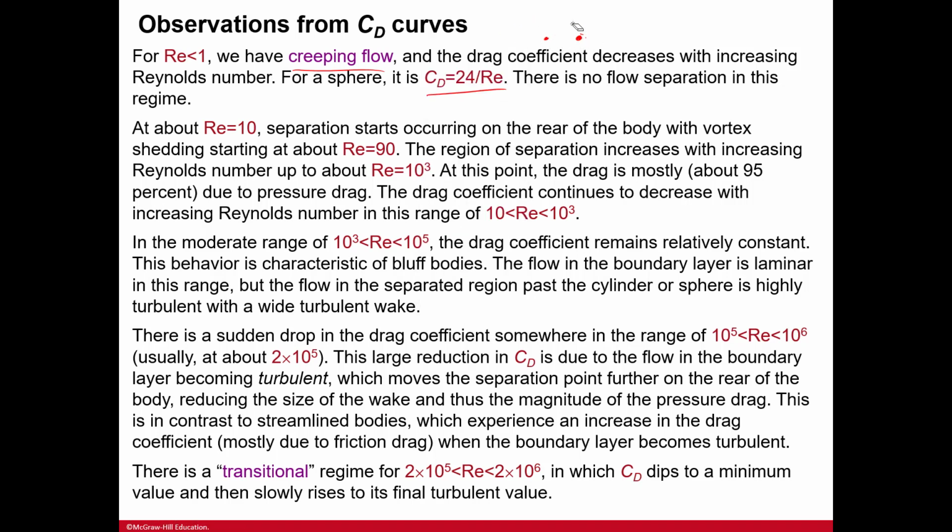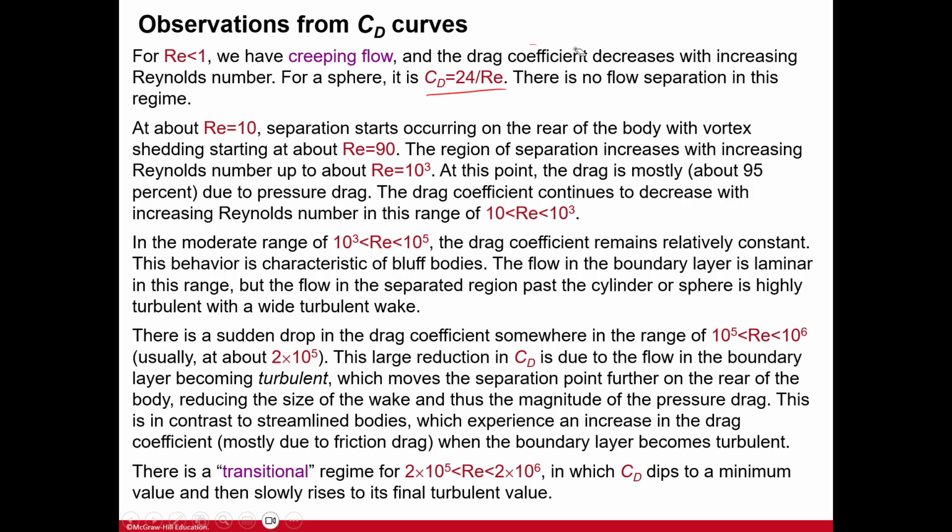So when you start talking about no flow separation, that's because it's moving really slow. If you have something that's just moving really slow, then it's just going to keep moving really slow. You're just not even going to separate. It's just going to creep on by, right? Think of a snail. It just creeps on by.